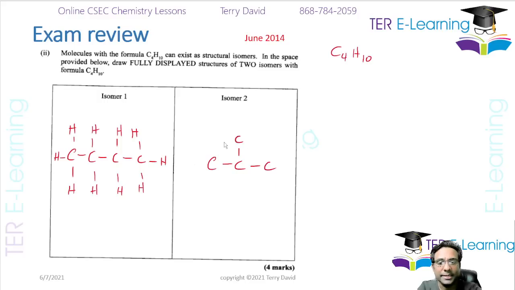Let's put a C here. So this is a branch isomer here. So these are two structures, both of them have the same formula. And look at how many marks for this, 4 marks. That's easy marks in the exam if you know what an isomer is, right?